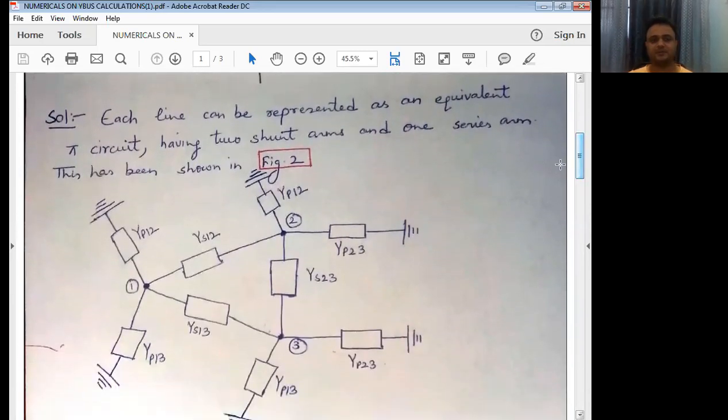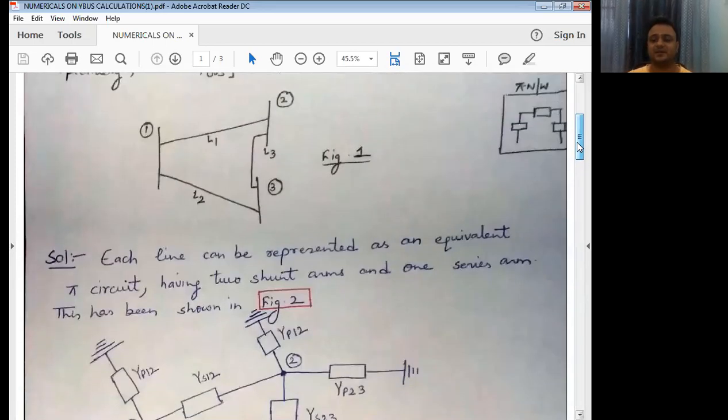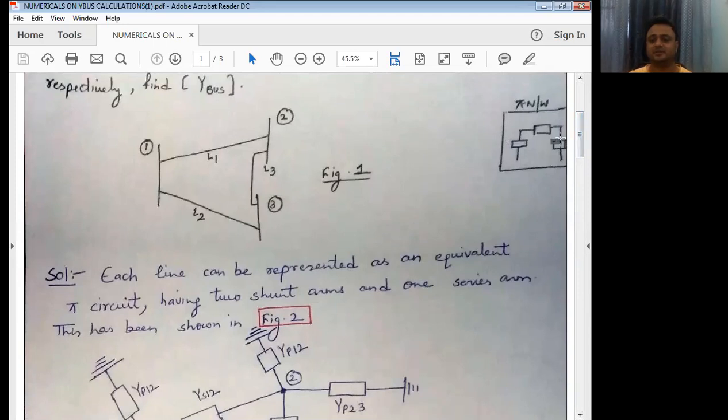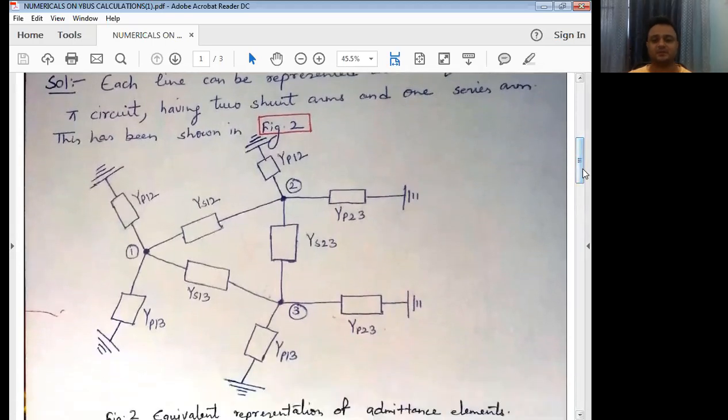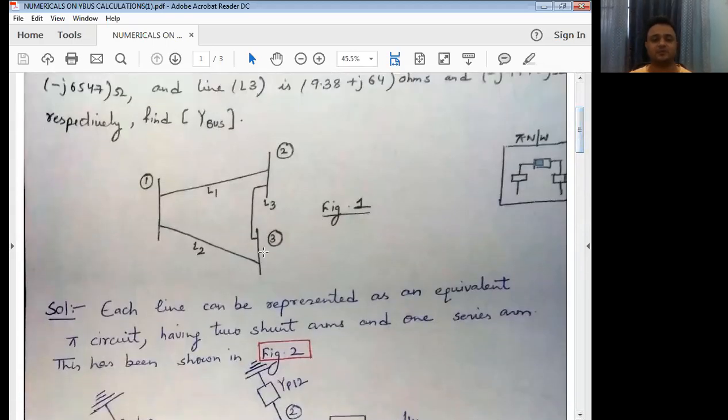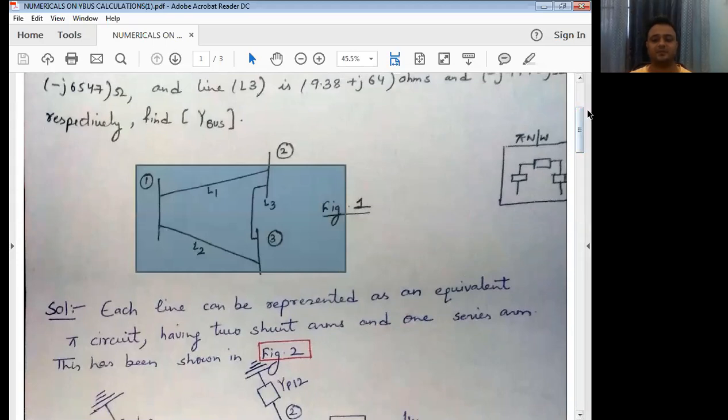So each line can be represented as an equivalent pi circuit having two shunt arms and one series arm. Okay? Series and shunt impedances are given. So this whole figure can be converted in this format.